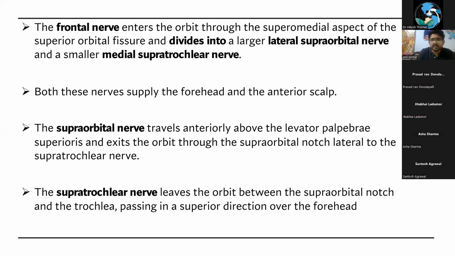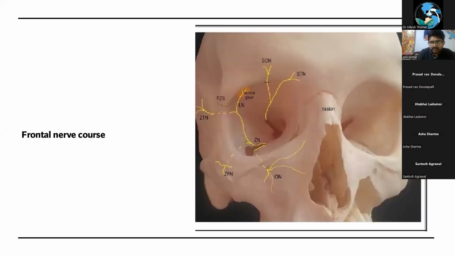The supraorbital nerve travels anteriorly above the levator palpebrae superioris and exits the orbit through the supraorbital notch. You can see here the supraorbital nerve exiting from the orbit through the supraorbital notch, and immediately you can see the supratrochlear nerve.